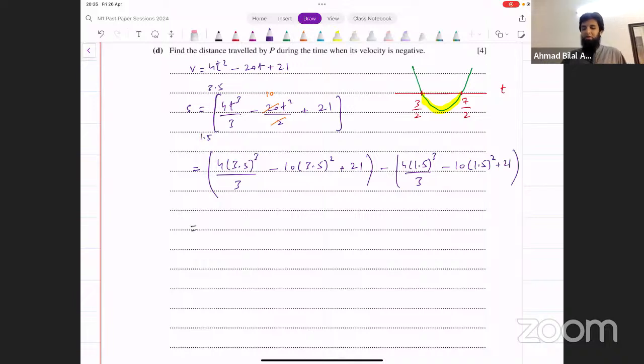You can see what this turns out to be. The first bracket is giving me minus 133 over 3. Subtract from this the case when you input t equal to 1.5, and that gives me 3. So the result is minus 133 over 3 minus 3.